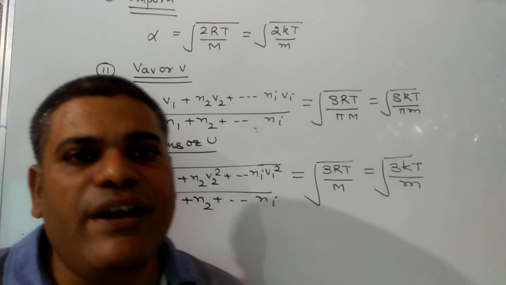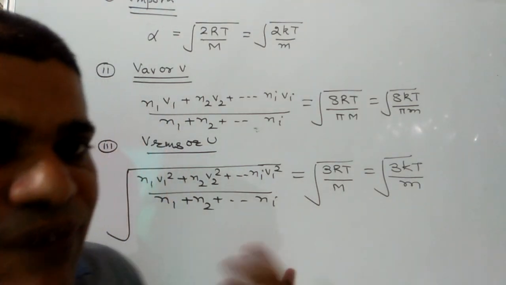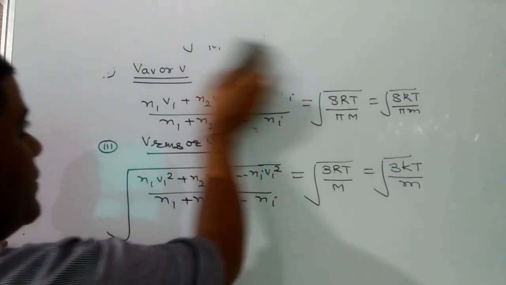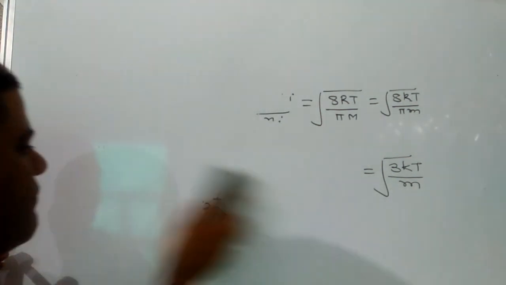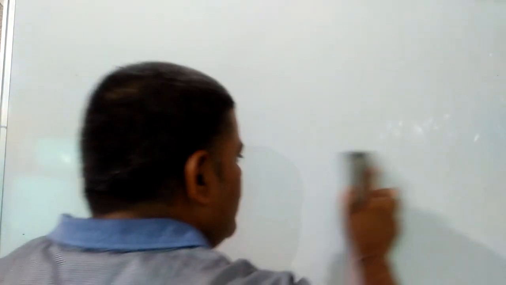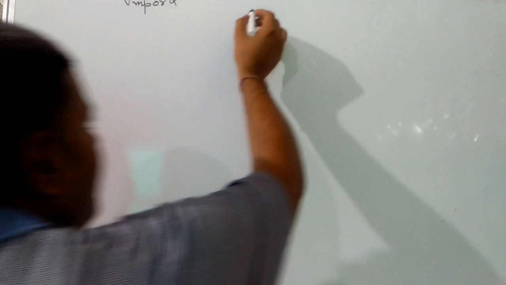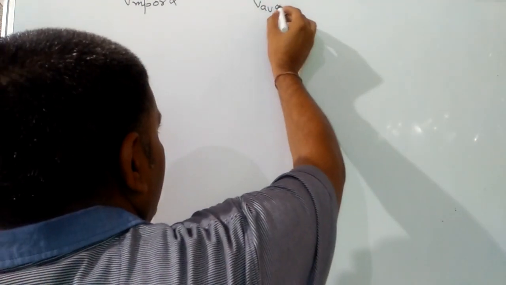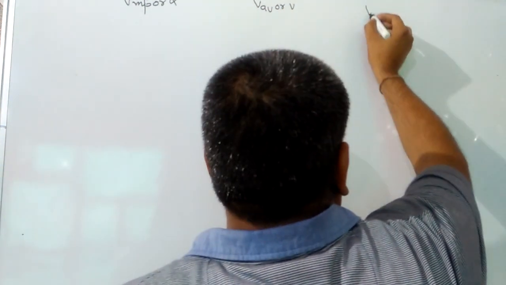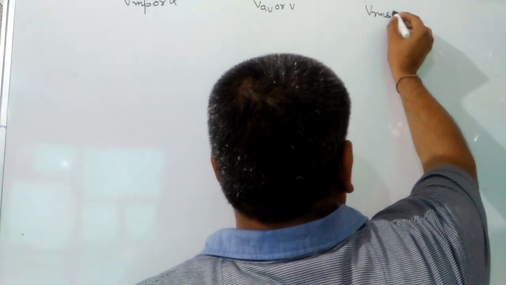The next question is a very important one: the ratio of different kinds of velocities of gas molecules. As I have mentioned, the gas molecule can have three types of velocity: most probable velocity denoted by alpha, average velocity denoted by v, and root mean square velocity denoted by u.